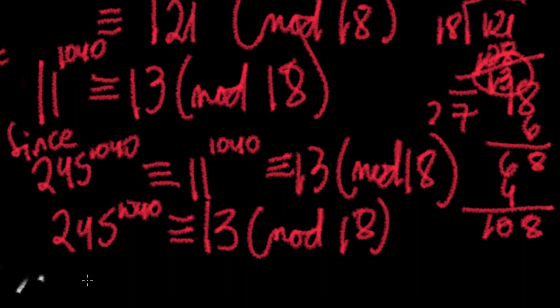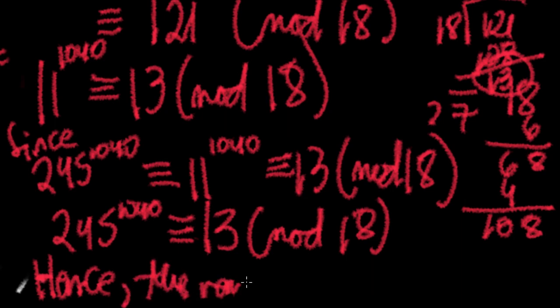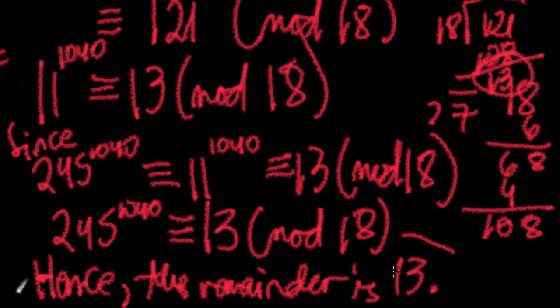Hence, the remainder is 13 when we have 245 raised to 1040 divided by 18.